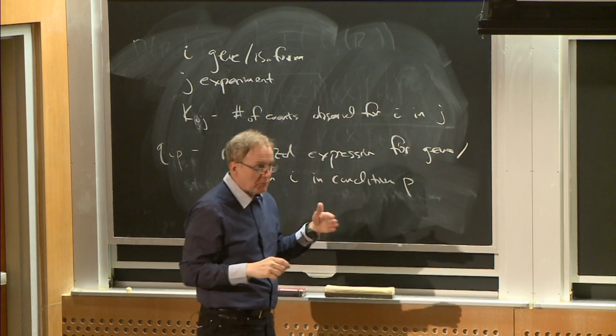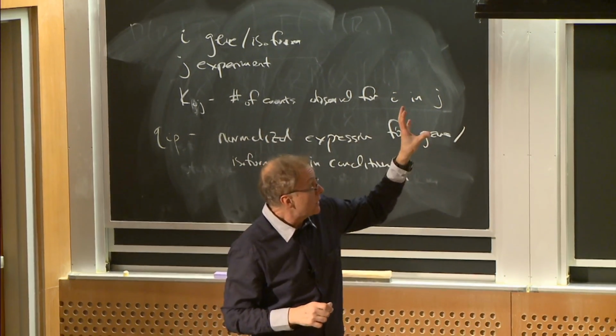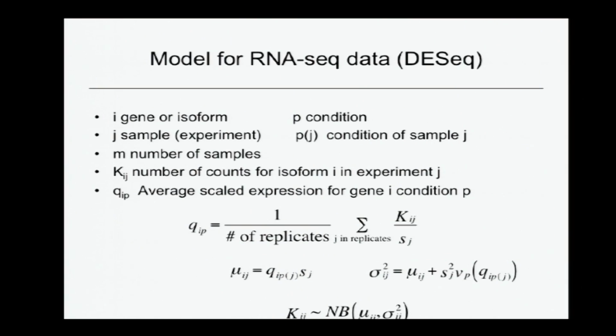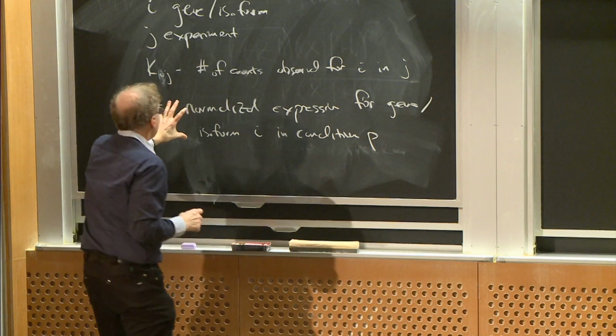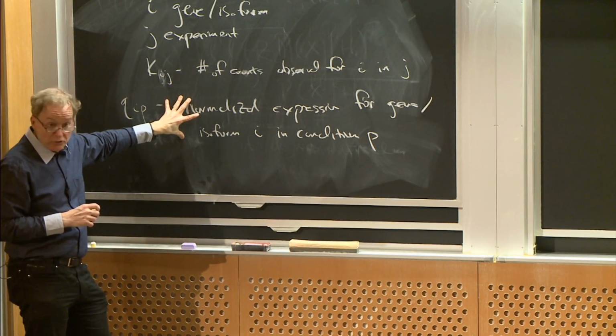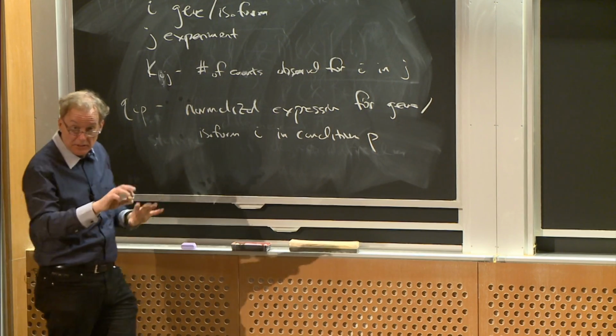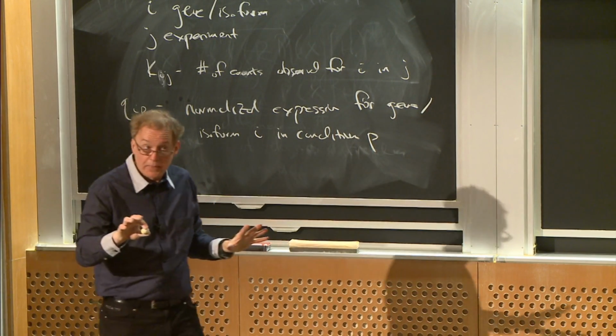So a condition may have multiple replicates in it. So we're going to average over all of the replicates the average expression, as you can see here. So we're summing over all the replicates for a given condition. We're going to take each replicate, normalize it by its scale factor we just computed, and then compute the normalized expression for a gene or an isoform in that particular condition. Is that clear to everybody what's going on here?